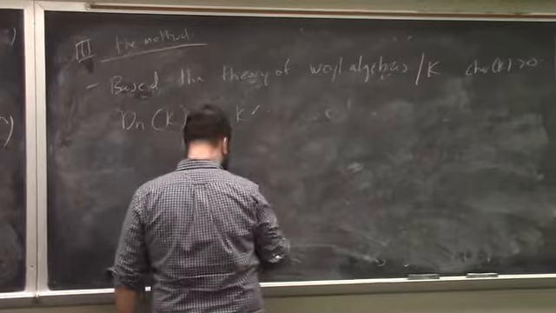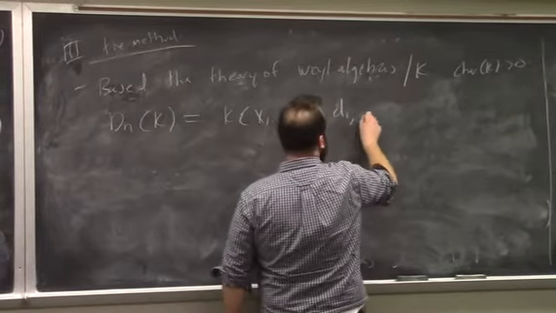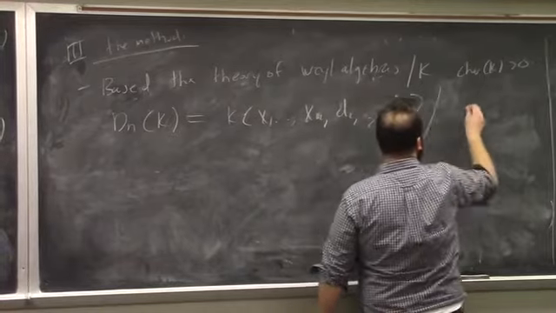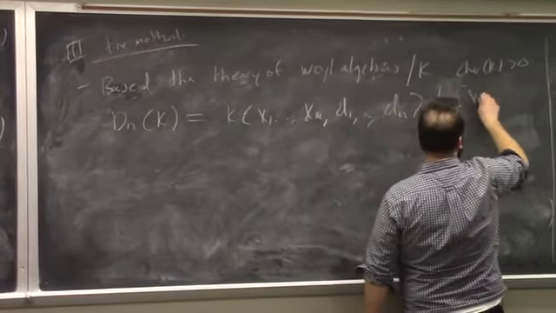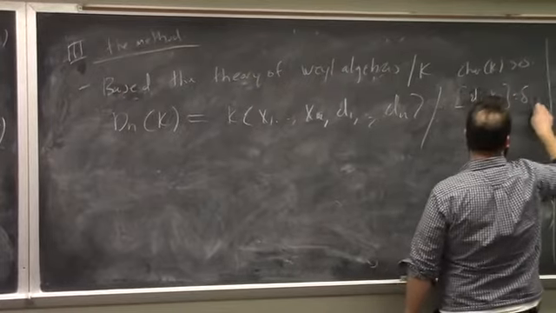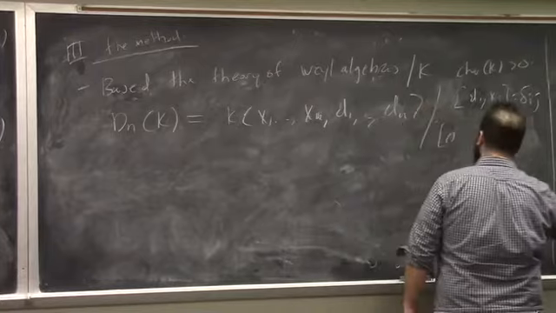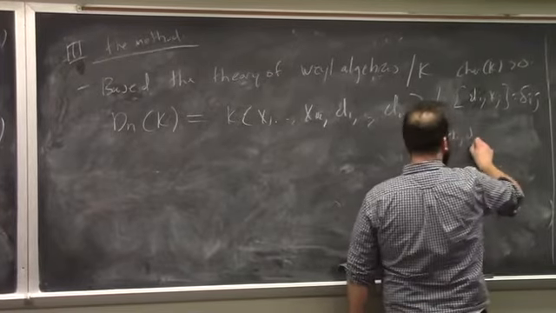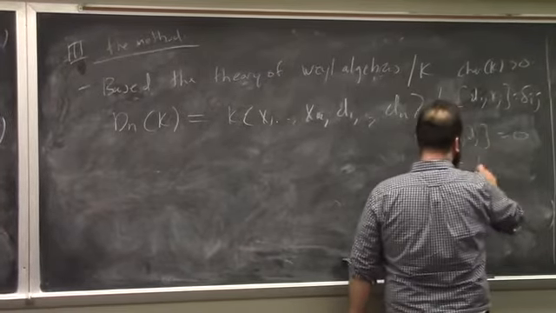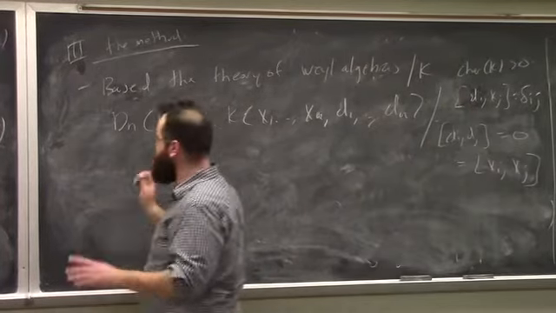Just to remind ourselves, we have x's and d's, and the relations are d_i x_j is delta_ij, and all the other things are 0. So this makes sense over Z, it makes sense over any ring.